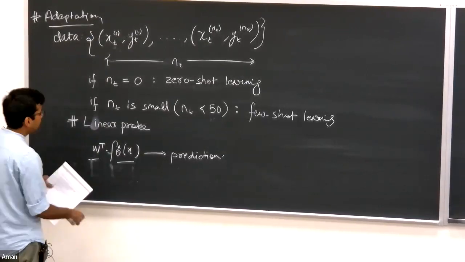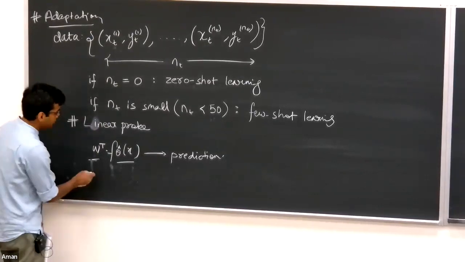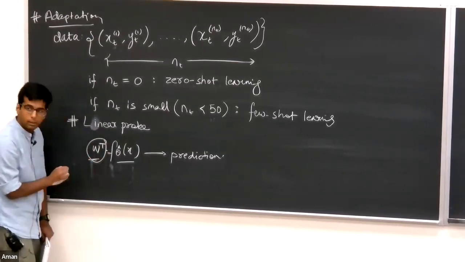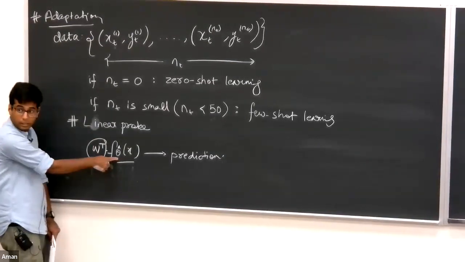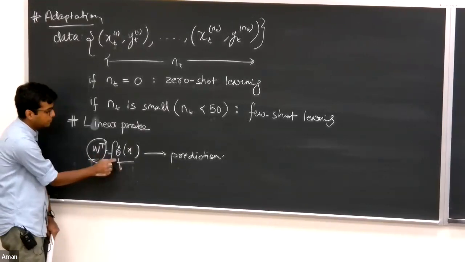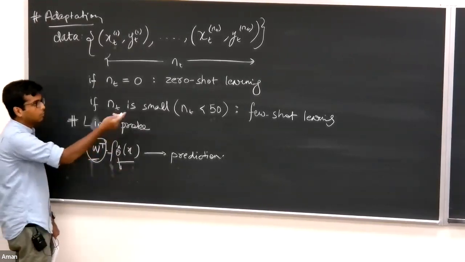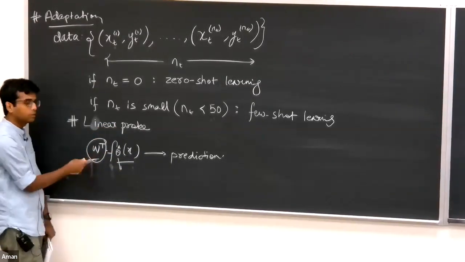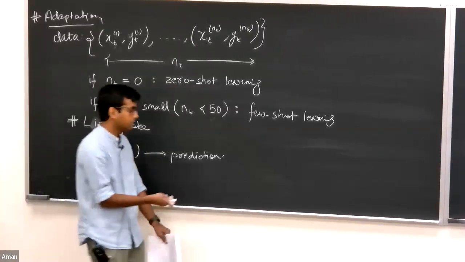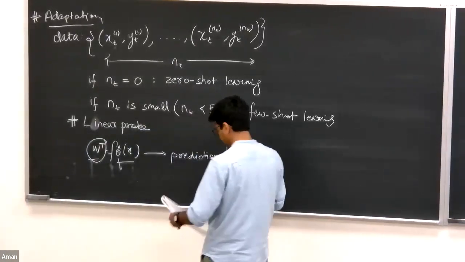Okay, but now there's another problem, which is how do we learn this W, right? This W is not learned, this is already trained, and we already freeze these parameters theta hat during pre-training, but we still don't know what this W is for different tasks, right? So how do we do that?